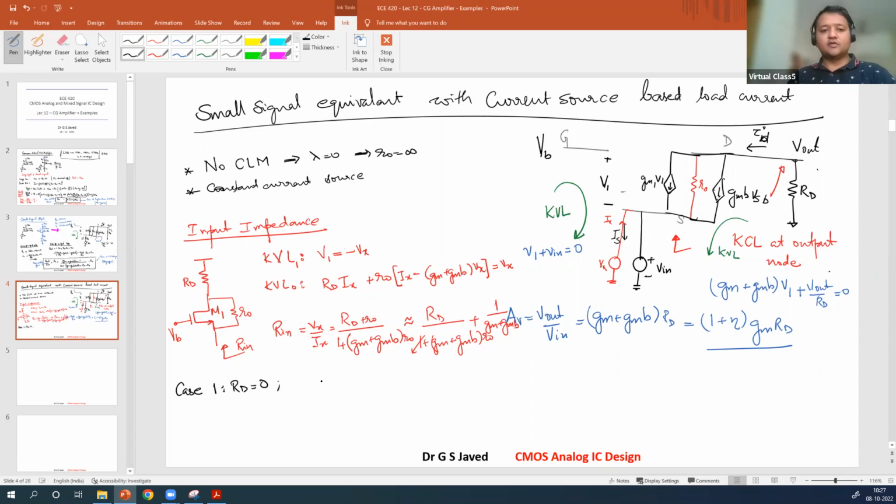The moment RD is 0, what is left over is Rin equal to R0 over 1 plus (gm plus gmb) R0, sorry, times R0. And what happens if RD is an ideal current source? If it is an ideal current source, RD is infinite, so your Rin will be infinite.